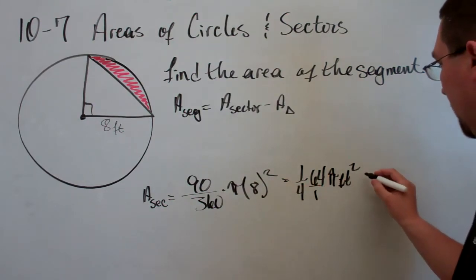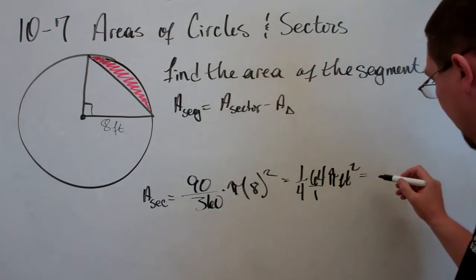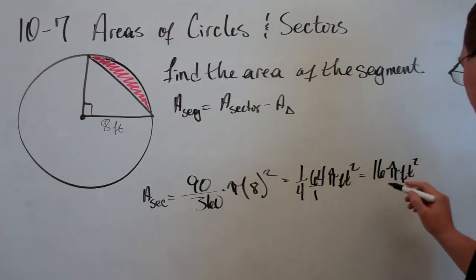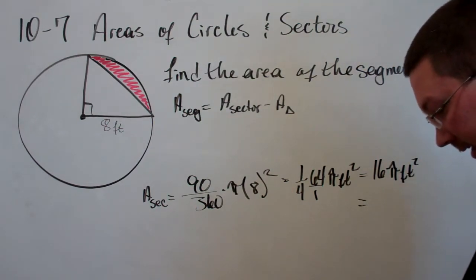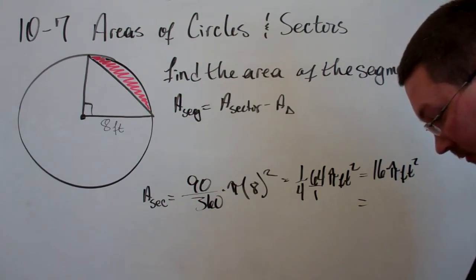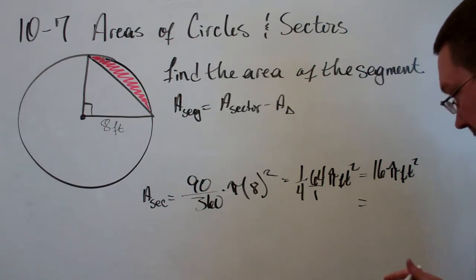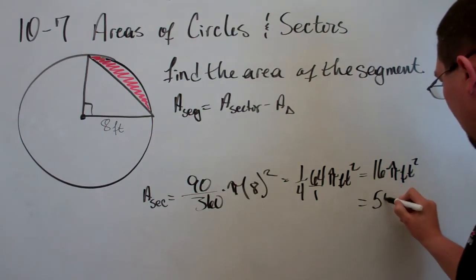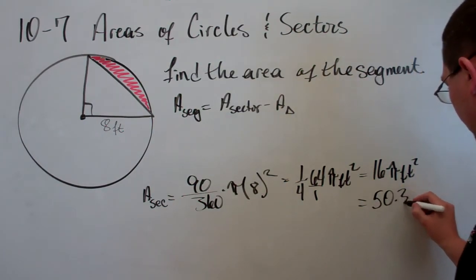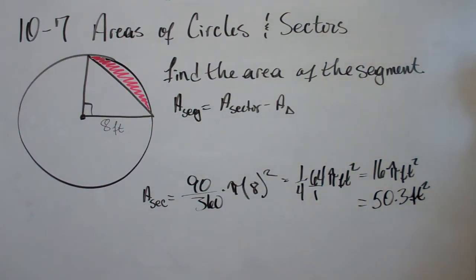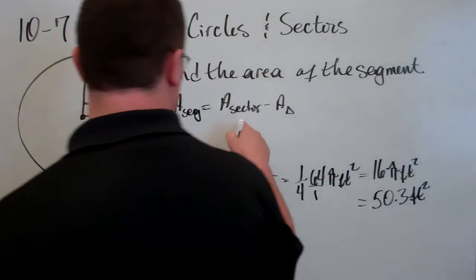So the area of our sector, which you should have gotten, is 16 pi feet squared, or as a decimal, rounded to the nearest tenth, 50.3 feet squared. So that's the area of our sector.